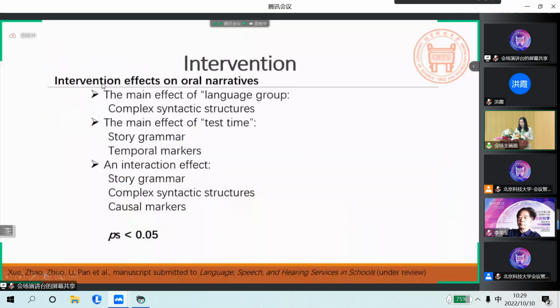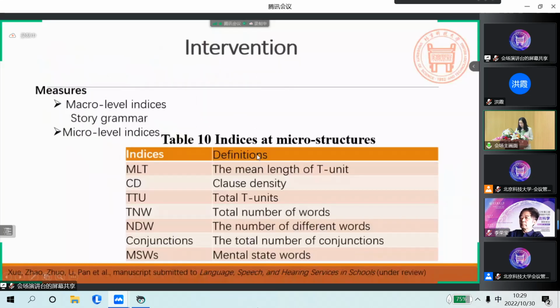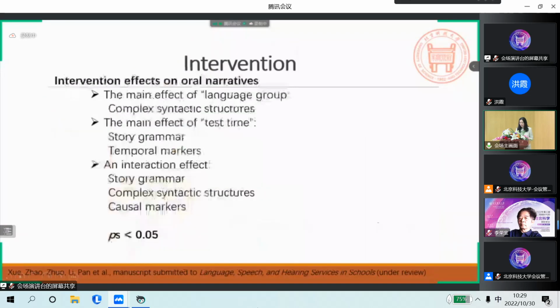For the macrostructure, we analyze the story grammar. And this is the preliminary findings about the oral narratives.